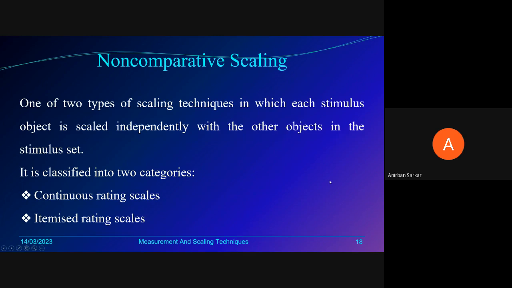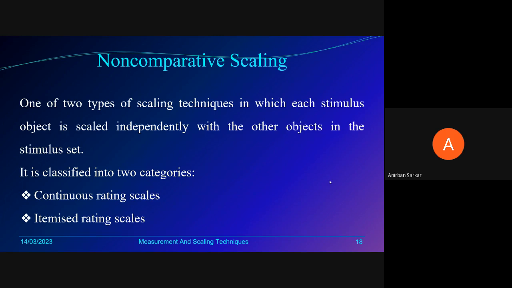Now we are coming to non-comparative scaling techniques. This is the most important subject of discussion today, because in our social science research, we use non-comparative scaling techniques more often than not. As the definition goes, it is one of two types of scaling techniques in which each stimulus object is scaled independently of the other objects.